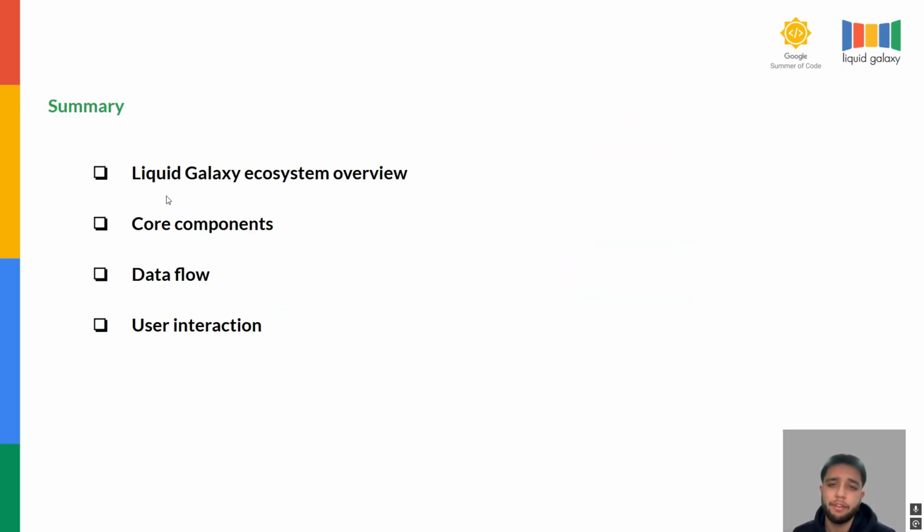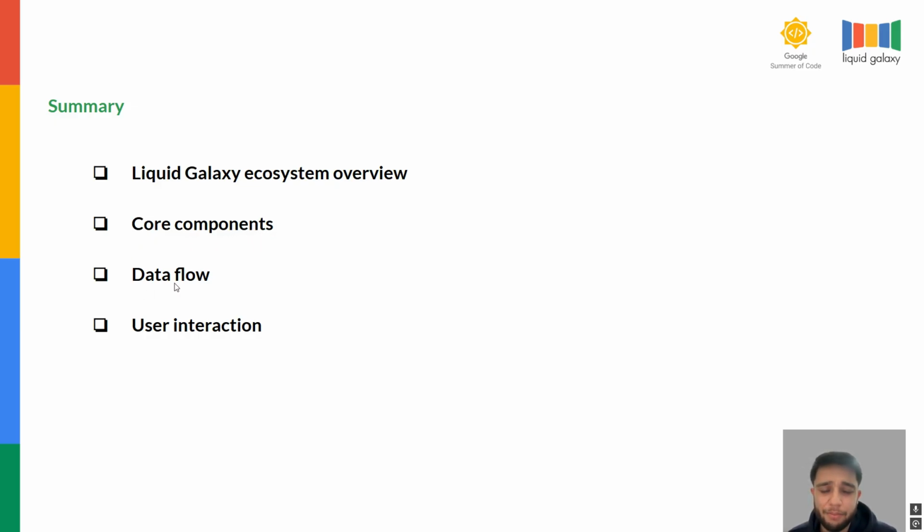Now we'll go to the next slide, which is our summary. First, we looked at the Liquid Galaxy ecosystem overview. We understood how different layers like hardware, software, networking, and user interaction work together to form a complete immersive visualization system. Next, we discussed the core components. This includes our master node, slave node, and the controller software. Each component has a specific role, and together they ensure smooth and synchronized operation.